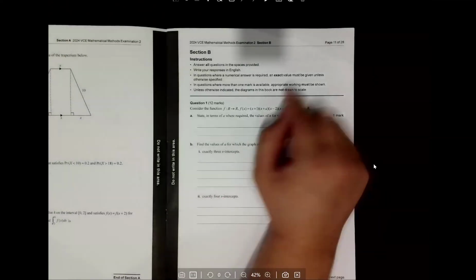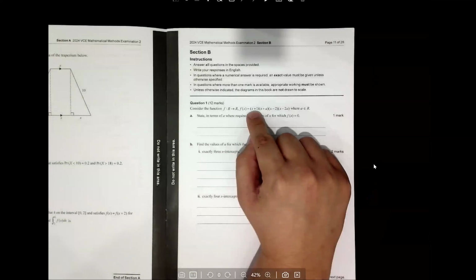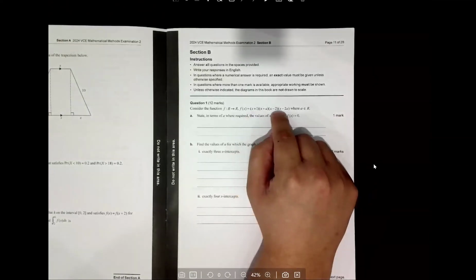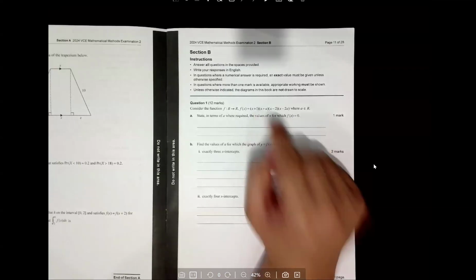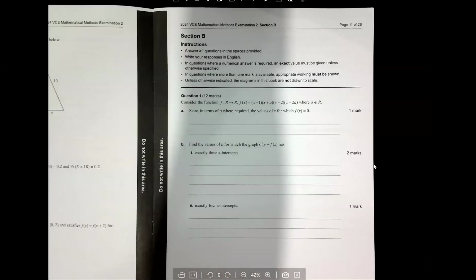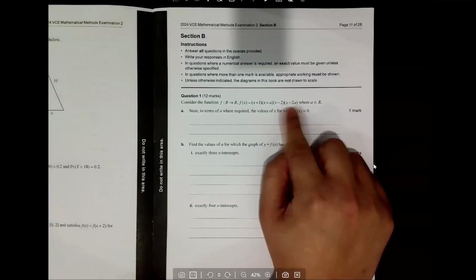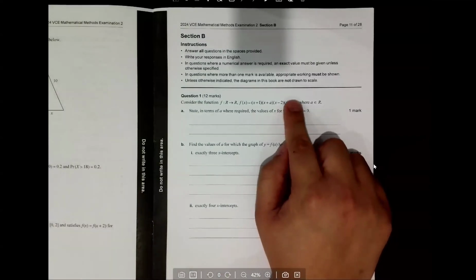So in the structure of this function, you can see there are 2 known or fixed values, 2 and minus 1. So the only uncertainties will be x equals minus a and x equals 2a, okay? So that's why you need to be aware of the uncertainties.